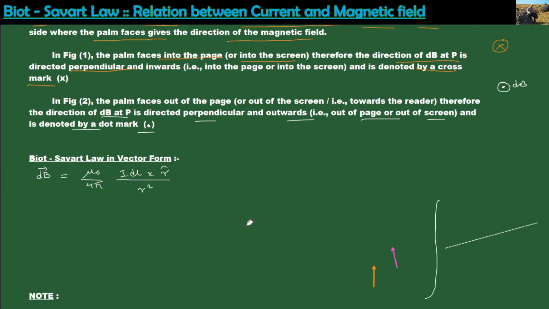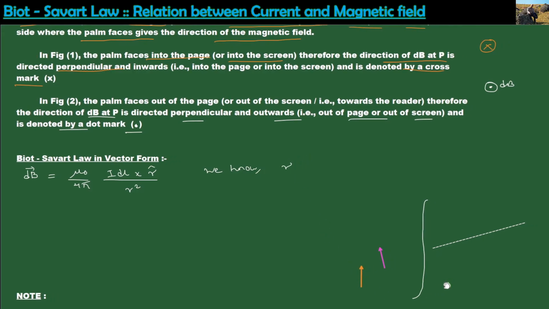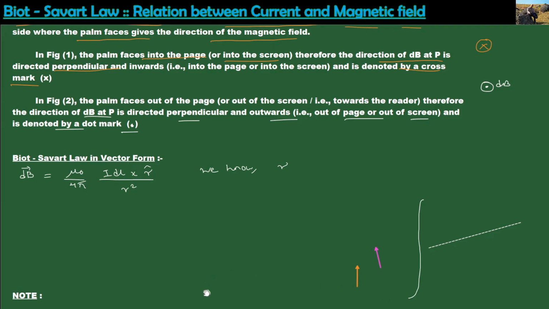Next, we also know the definition of r cap, which is the unit vector, or r hat. This will be r bar divided by mod of r, or simply r bar divided by r.